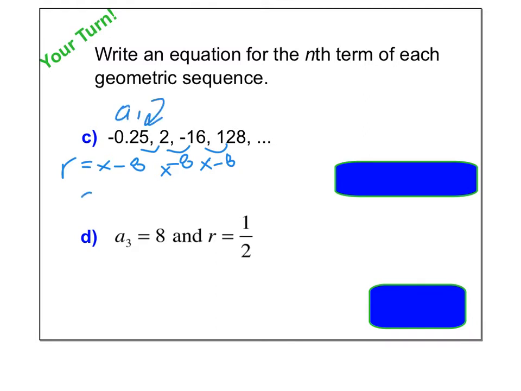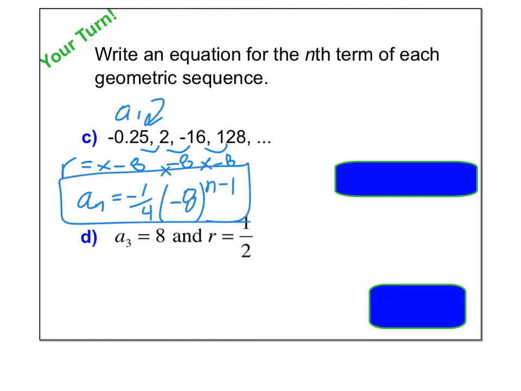I can put it all together. My equation, negative 1/4. Let's clean this up a little bit. Negative 1/4, the ratio, n minus 1 power. And we're done.